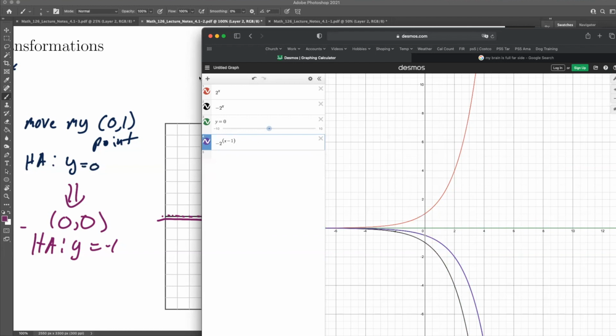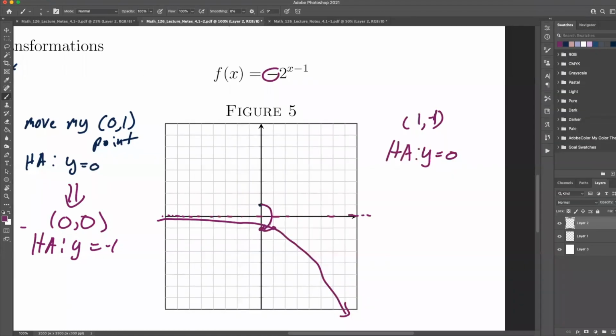So in order to do this, you're going to take this point and move it from here to here, and then you're going to move it from here to here. Does that make sense? We used to move the center around. Now we're going to move the 0, 1 point. So if it reflects it, go ahead and reflect across the axis and move that around, and then keep your asymptote. So that's the best way to graph all of this.